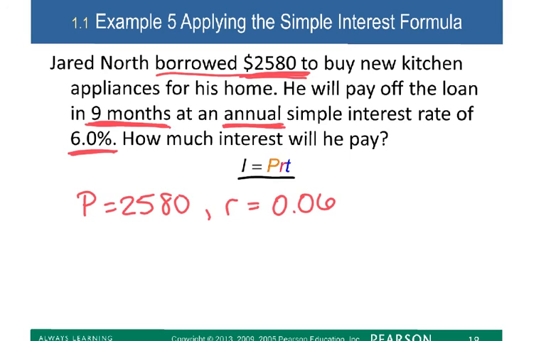So to get our time in the amount of years that we're looking for, we take our 9 months, and how many months are in a year are 12. So we're going to say 9 divided by 12. So our time in years is 3/4. Okay? So now that you got your P, your R, and your T, solve for I.